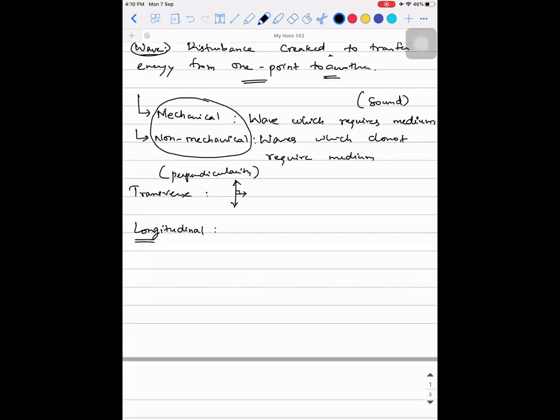So length is going to be one-dimensional. So what will happen in this case? The vibration of particles and the propagation of energy will be in the same direction. If that is happening, then that kind of a wave is called a longitudinal wave. Example of a longitudinal wave is again a sound wave, right? So can someone tell me how do the longitudinal waves travel? They travel in the form of what?